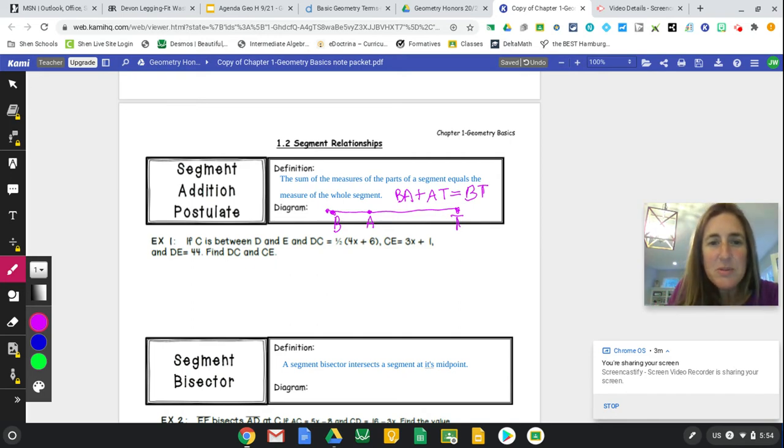So maybe this piece was 5 and this piece is 6, then the whole segment on here is 11 when it was added together. Let's look at an example together.